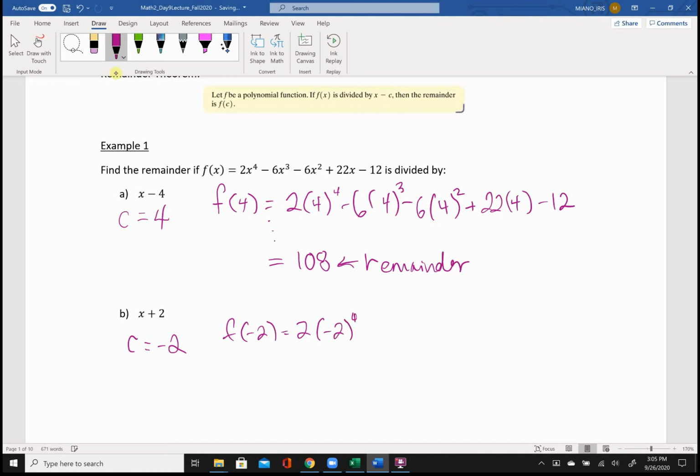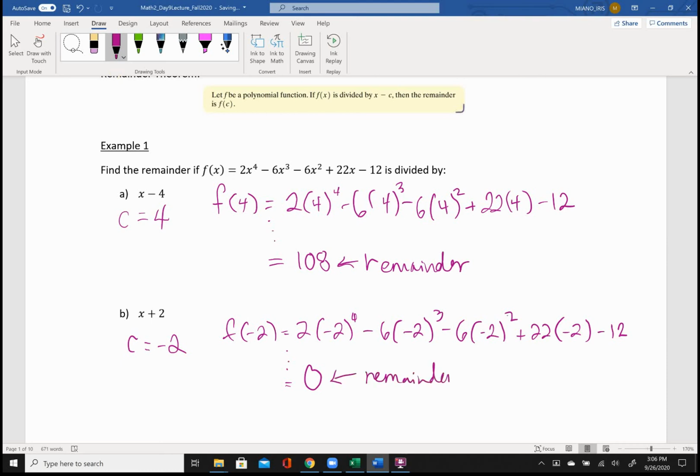So give me a moment to write it all down. A little tedious, this bit. But if we simplified it all the way down, you would get that it equals 0. Okay, so that's the remainder.